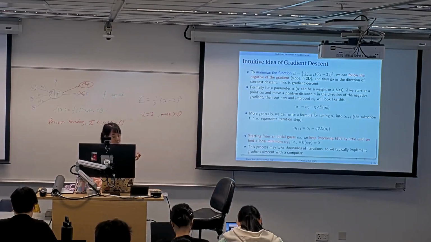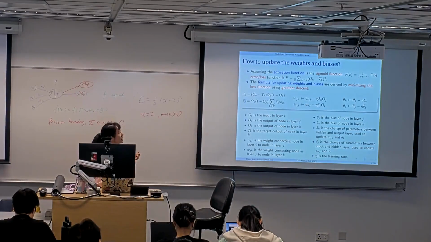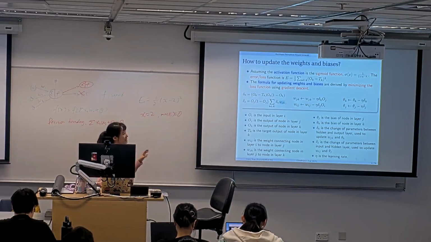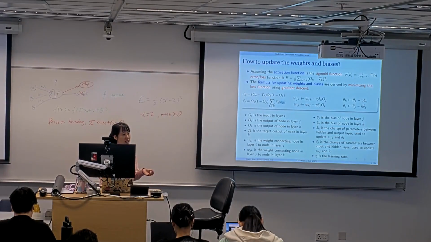Another question is here. When we calculate delta J, it also depends on WJK, right? Then where is this WJK coming from? Is it from this step or the last step? Actually, it's from the last step. Even though after you have this delta K you can immediately get the new WJK, by convention, when computing delta J, we still use the last step's WJK.